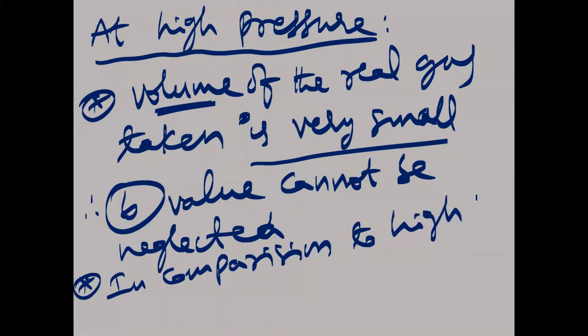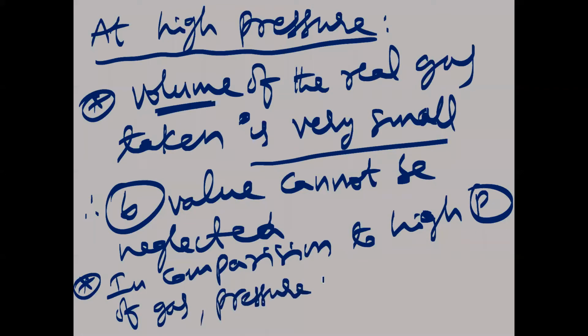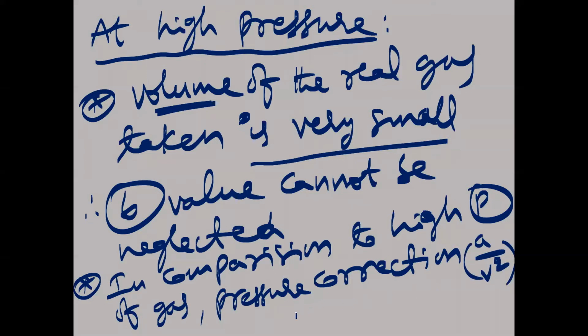Pressure correction is A by V square, so this can be neglected. But the B value cannot be neglected.